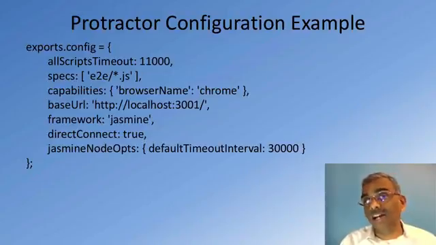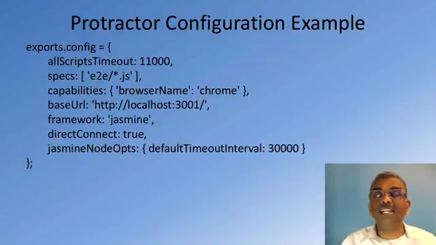The framework, I am using Jasmine. You can use other frameworks like Mocha and Chai for specifying your tests. I am using Jasmine, so that's why I specify the framework as Jasmine. The next option says Direct Connect, true. Because I am using Chrome as the browser to carry out the tests, I can use this Direct Connect to directly connect to the Chrome browser and issue commands to it.